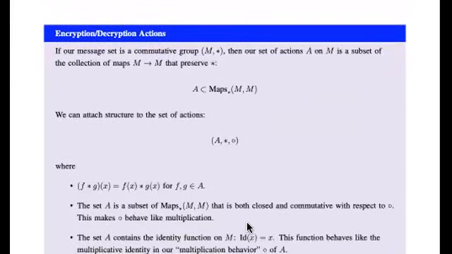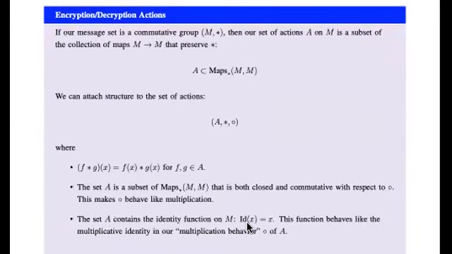Okay, so in general, if we want to generalize this idea, we take a commutative group with some operation. In our case, we were taking addition. We take an action set, which is taken from maps or functions that preserve this operation between the message set and itself. So A is a set of functions.